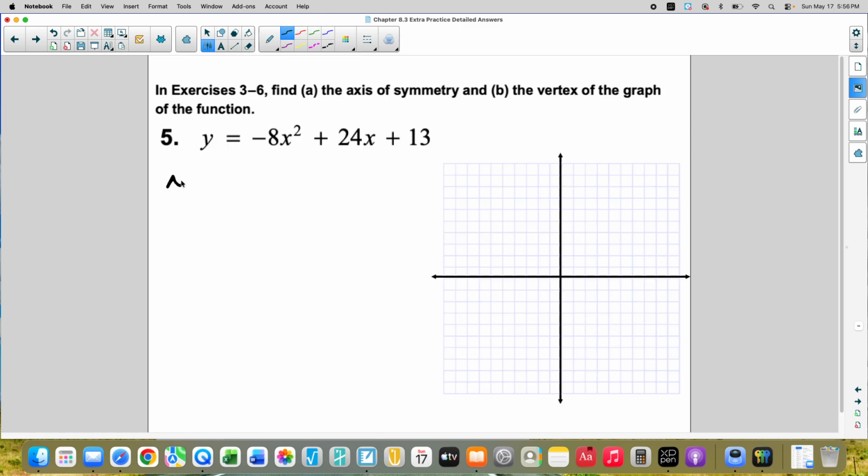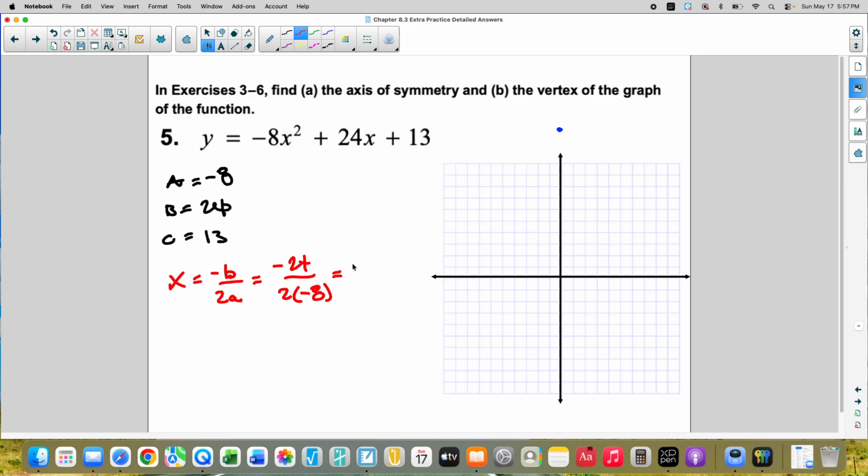My A value is negative 8. My B value is 24. My C value is 13. So 13's right there. My axis of symmetry, opposite of B over 2 times negative 8, which this time is negative 24 over negative 16, which equals positive, what's that, 3 halves?